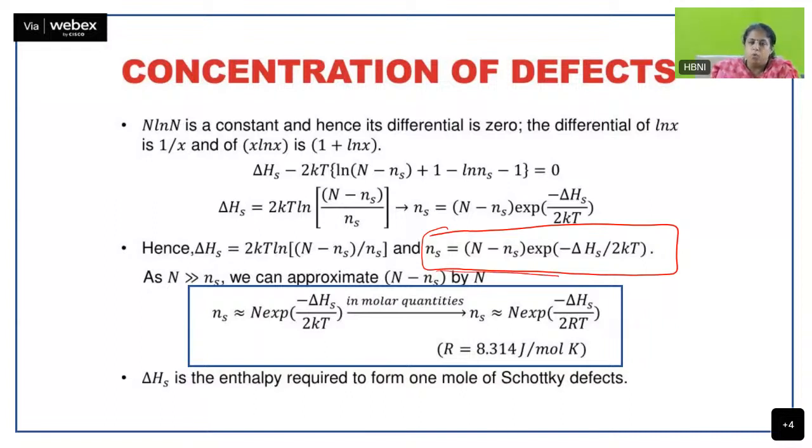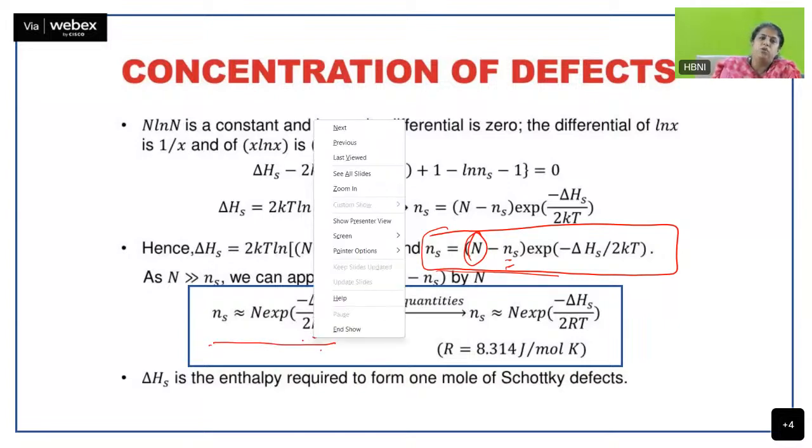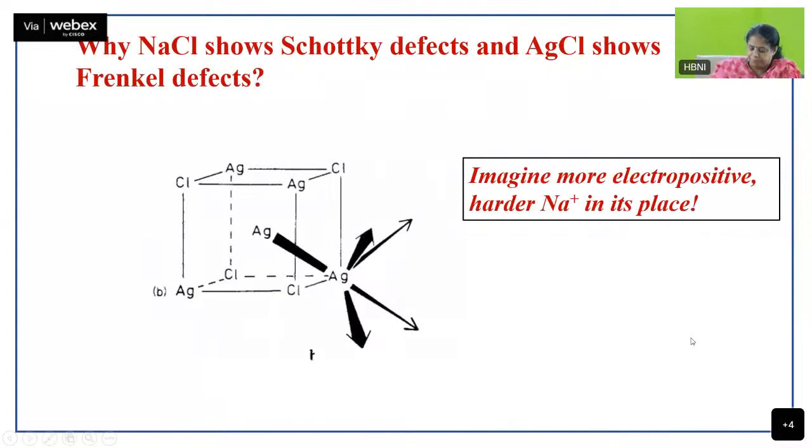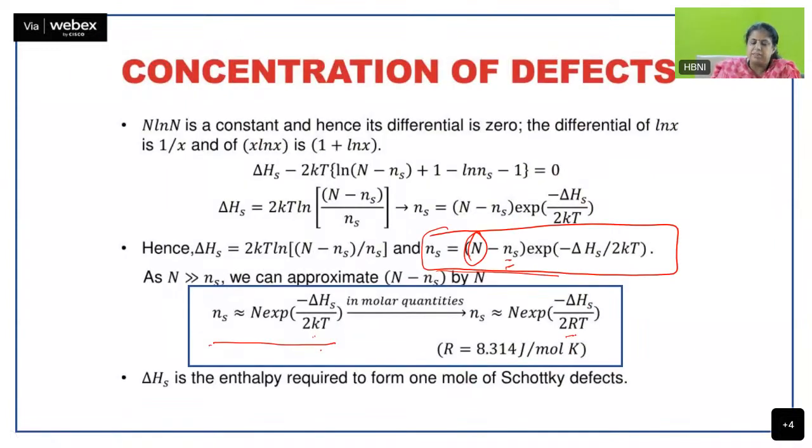But now we know that the number of lattice sites available to me is much, much more than ns, right? So I can make this term 0, and then this will reduce to this particular thing. Or because this is the Boltzmann constant, if I want to talk of moles, I replace k by R, and that is it.